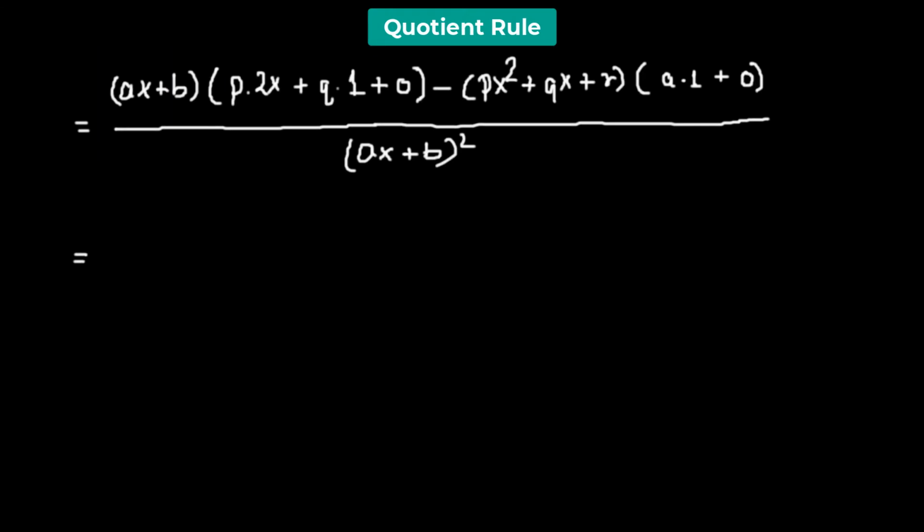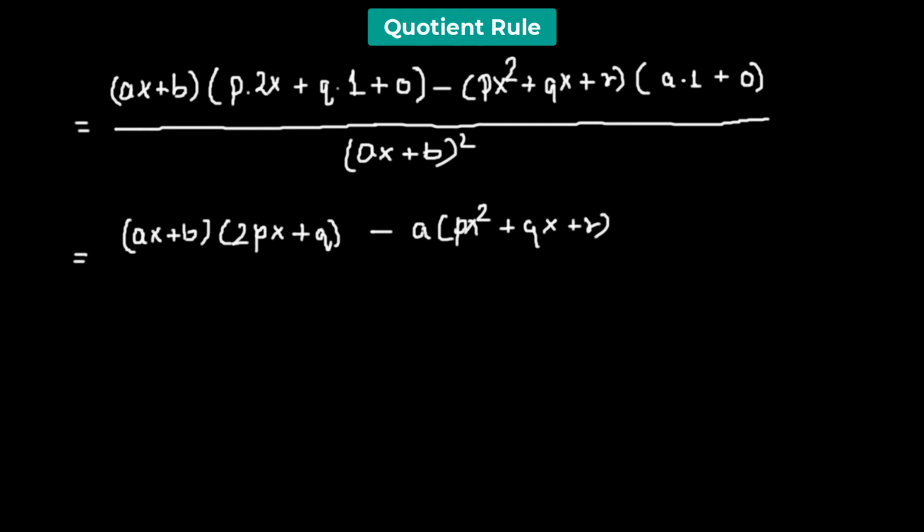Now simplifying the numerator, we have ax plus b multiplied by 2px plus q minus a times px squared plus qx plus r, all divided by ax plus b whole squared.